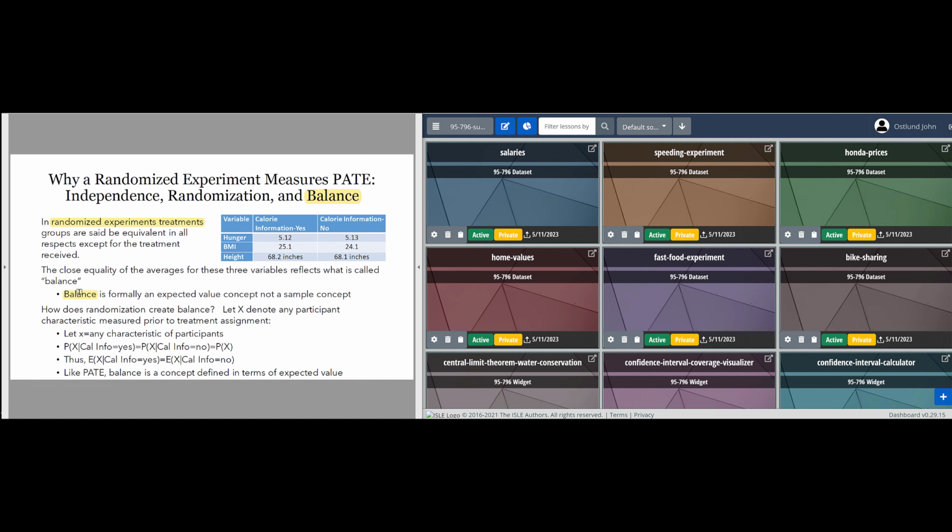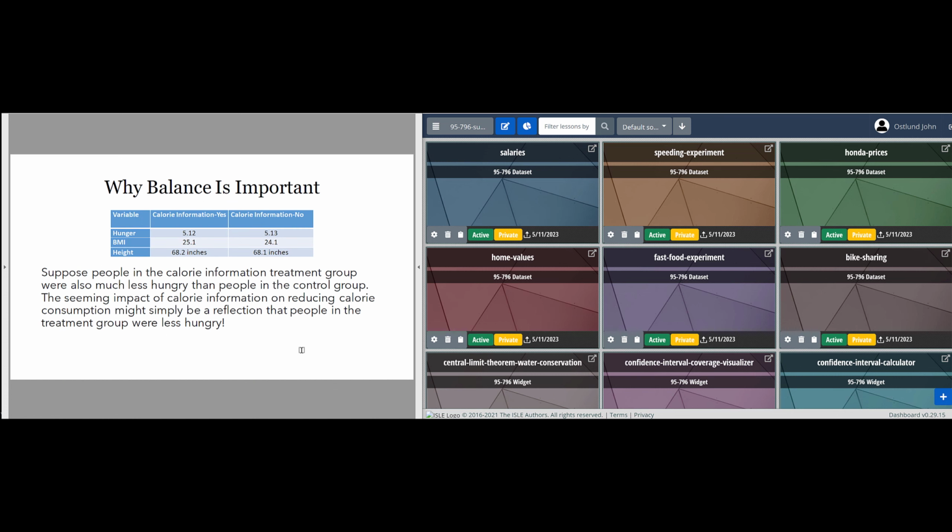So we do have balance in our groups across the things that we were not attempting to modify. Okay. All right. Well, I'm going to just let you read this other stuff here.